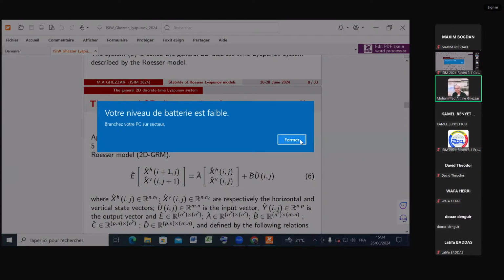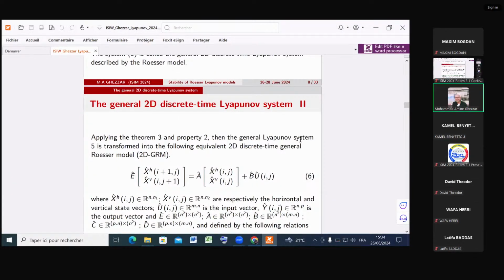This system 5, after using the Kronecker product, we can transform into a standard system of the form x point equal to Ax plus Bu.